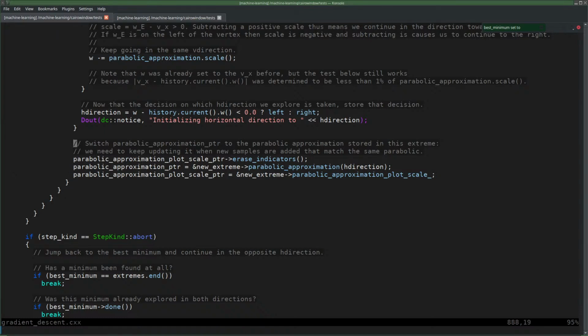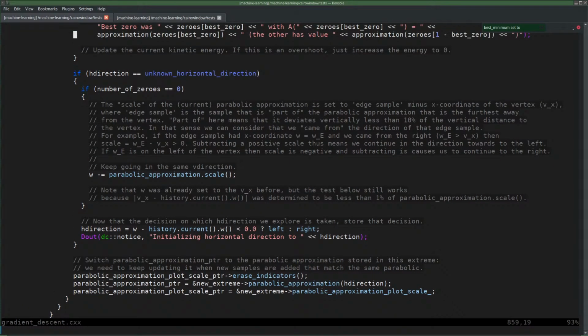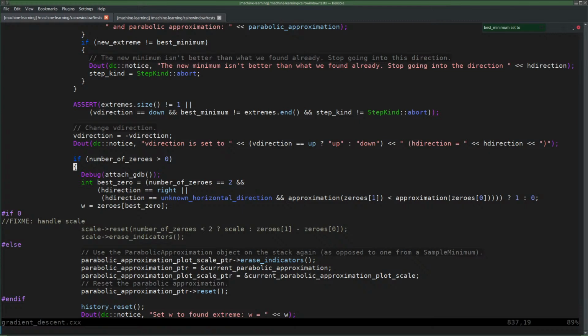So this should only happen if we do not jump. So that belongs to the else. Here I do jump. What?